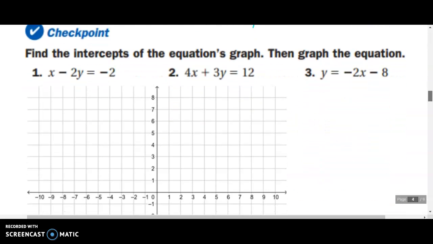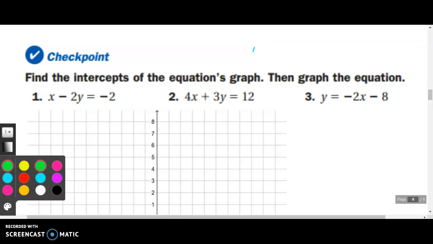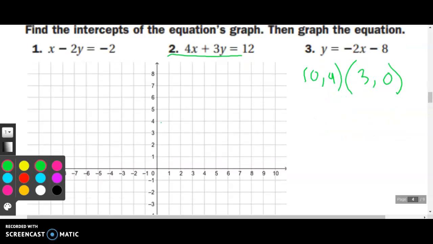Number 2, we said had intercepts of (0, 4) and (3, 0). So we go to those points. (0, 4) is here. (3, 0) is here. There we go. We just graphed the equation 4x plus 3y equals 12.